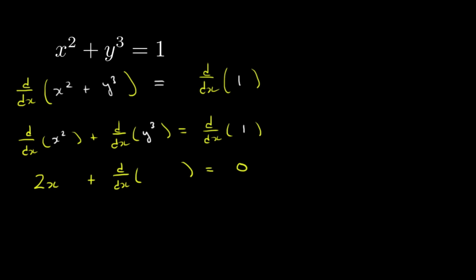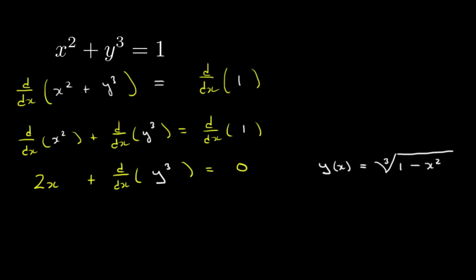So the crux of the situation here is dealing with what the derivative with respect to x is of y cubed. Well, remember, previously we took the time to get y by itself. And we ended up with y written as a function of x, which was the cube root of 1 minus x squared.